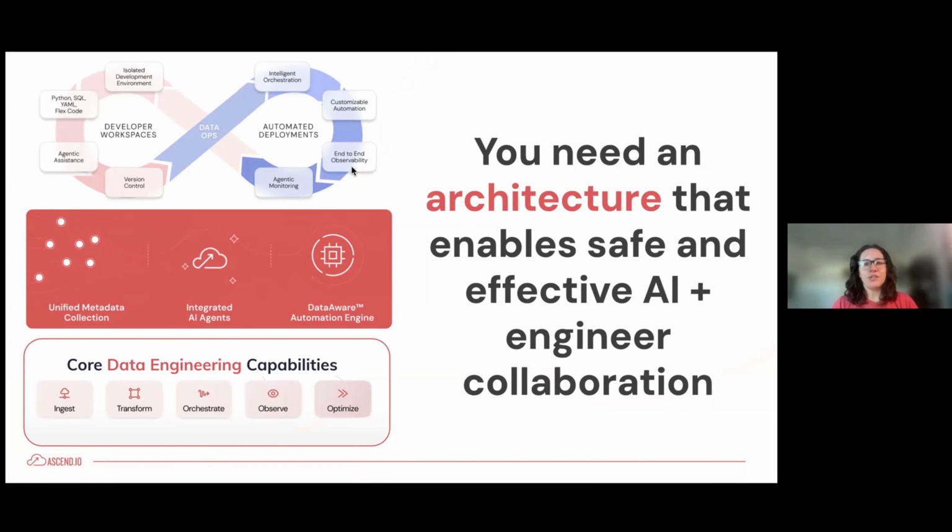So this top layer is all about the concept of data ops, which is what it sounds like. It's DevOps for data. And the way that we think this needs to manifest is that we really need to separate the place where we're developing from the place where we're deploying. It seems really obvious, but it becomes super important in practice. So the way that this works in Ascend is that we have developer workspaces and we have automated deployments. Now, what's the difference here? Well, developer workspaces are where you're building data pipelines, you're building your Python and your SQL out.